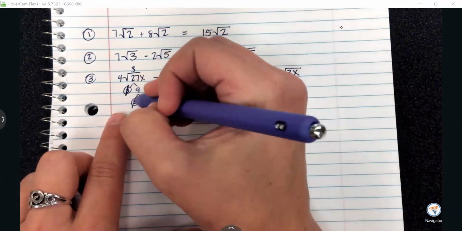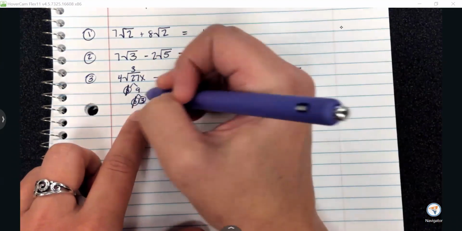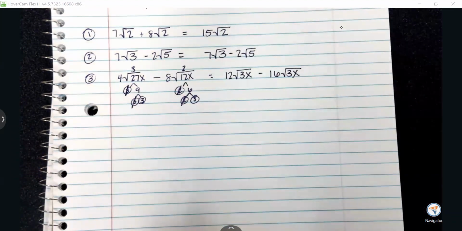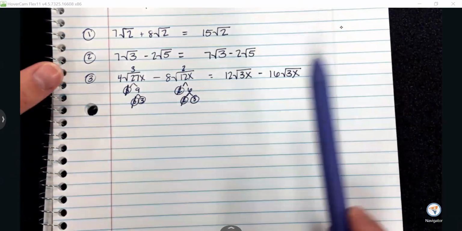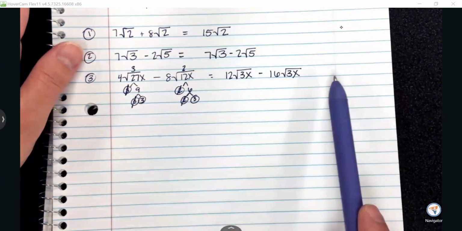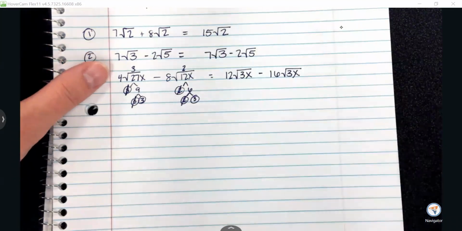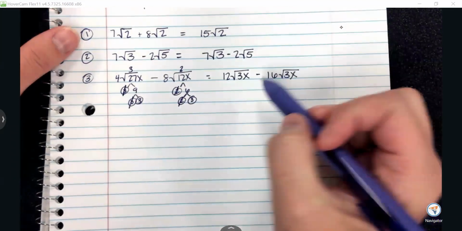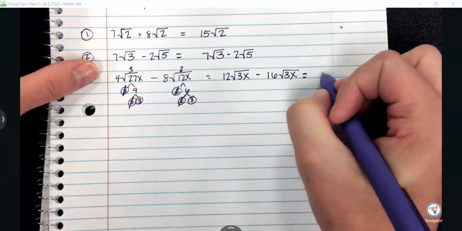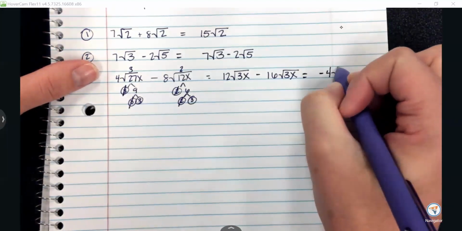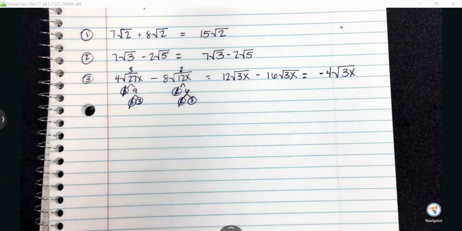I have 2 3s, so I can take a 3 out and then a 3 remains inside, right? Okay. Any other questions on how I got these answers? Now, can I actually subtract them? Yes, because my 3x inside is the same, so my answer would be -4 square roots of 3x.